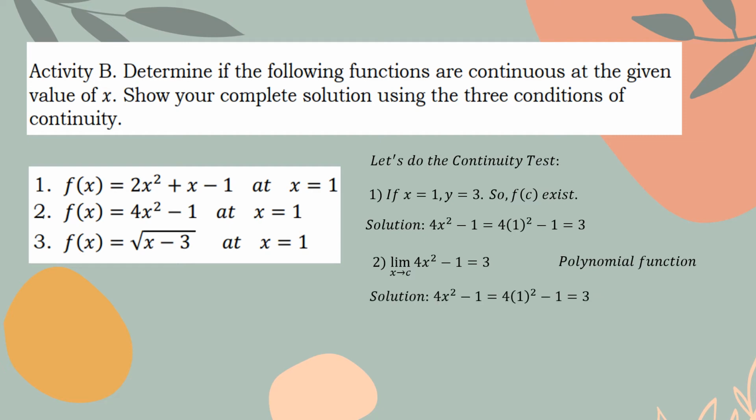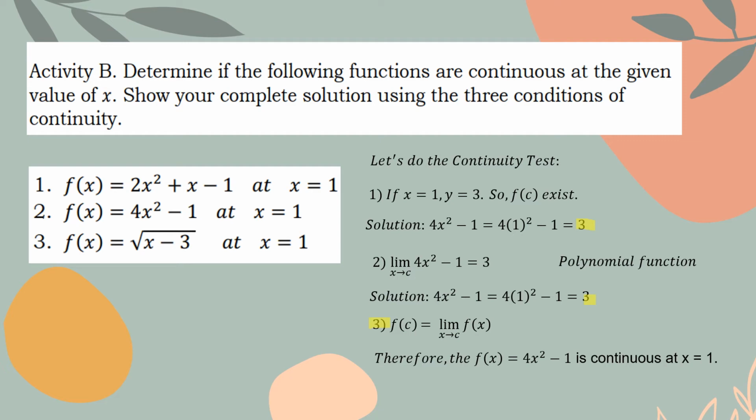We can immediately use direct substitution, and that is 3. So we have equal values, 3 and 3, satisfying the number 3 condition. So we can say that the function f of x equals 4x squared minus 1 is continuous at x equals 1. Alright?